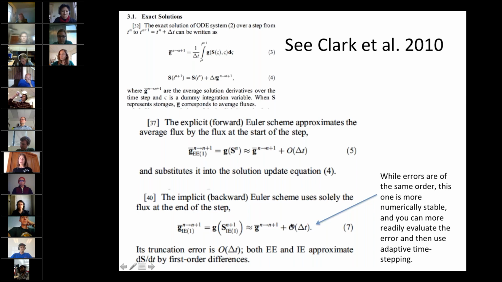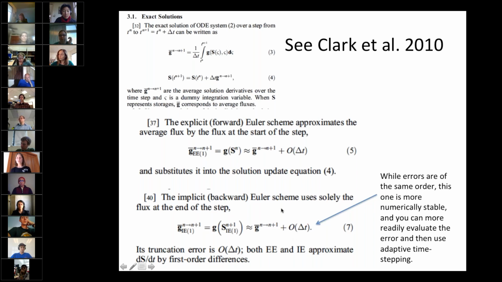It's a little bit trickier to program, so the reason why many models just have an explicit forward Euler time step is it's the simplest. Before I studied modeling, that's the way I would have done it, right? I said, okay, this is what it is, and I'm just going to approximate in the future without trying to guess the future and then go back and come up with the approximation. But the backward one is much more numerically stable, and you can more readily evaluate the error.